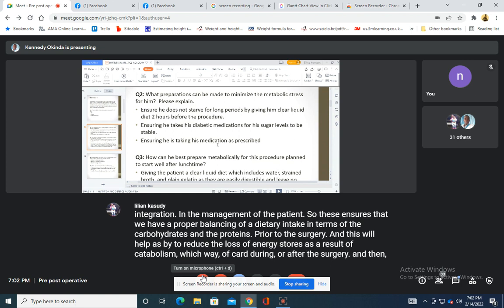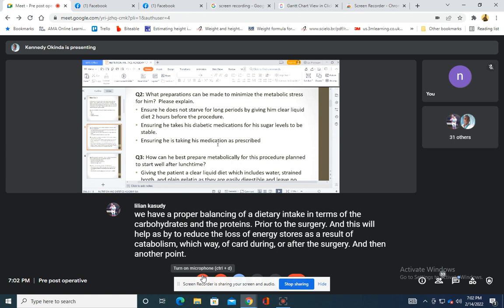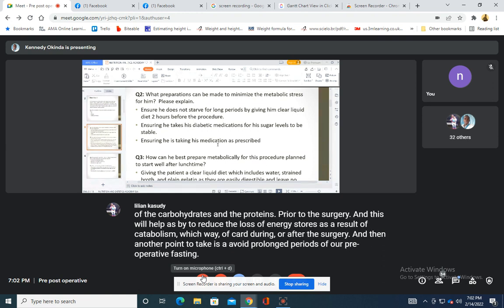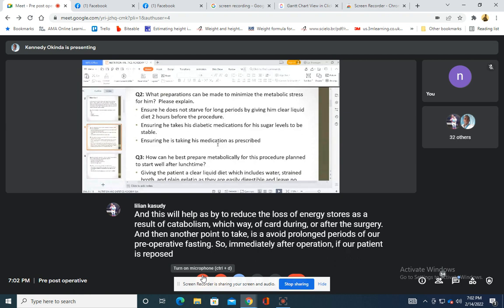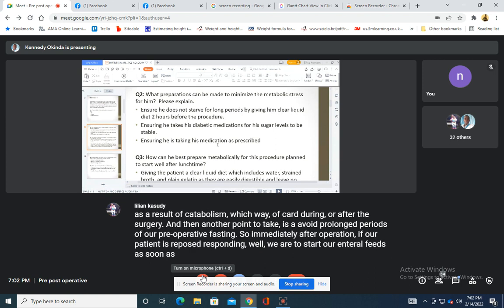And then another point is to avoid prolonged periods of preoperative fasting. So immediately after operation, if our patient is responding well, we are to start enteral feeds as soon as possible.